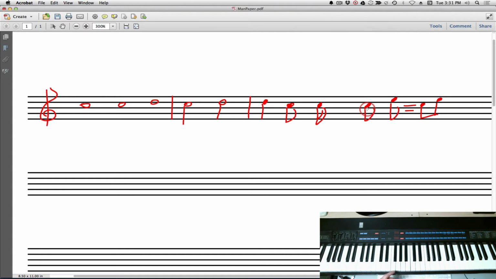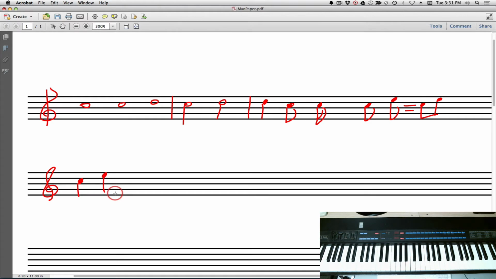So if we were a quarter note with the beat, right, we'd go, right? If they were quarter notes, then I'll just write them as quarter notes here. Then we've got, right?